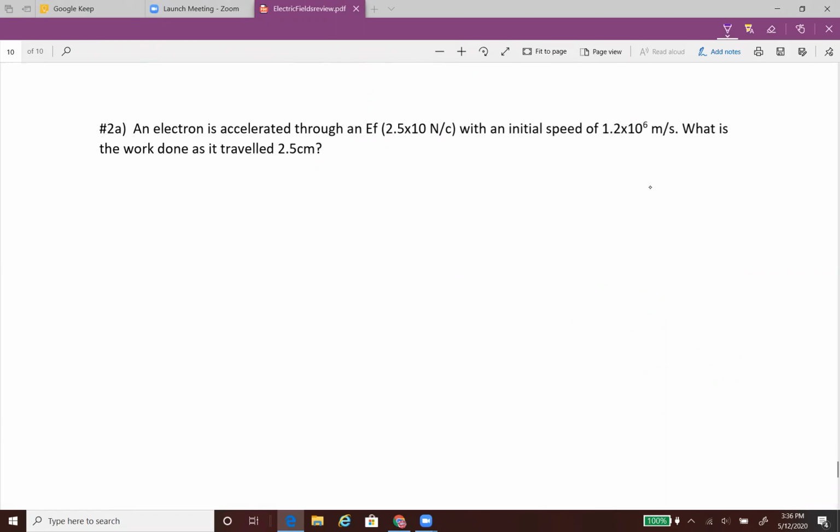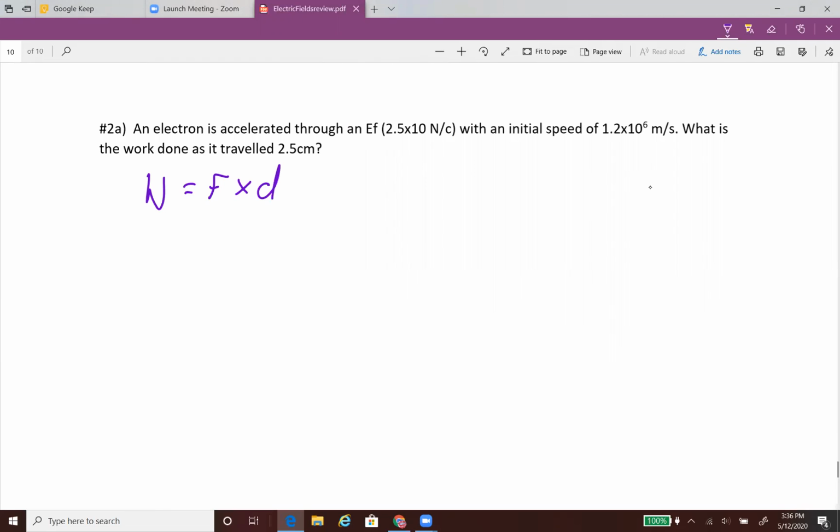An electron is accelerated through an electric field with an initial speed of 1.2 times 10 to the 6 meters per second. What is the work done as it travels 2.5 centimeters? So we're looking for the work done. We know from grade 11, work is force times distance.